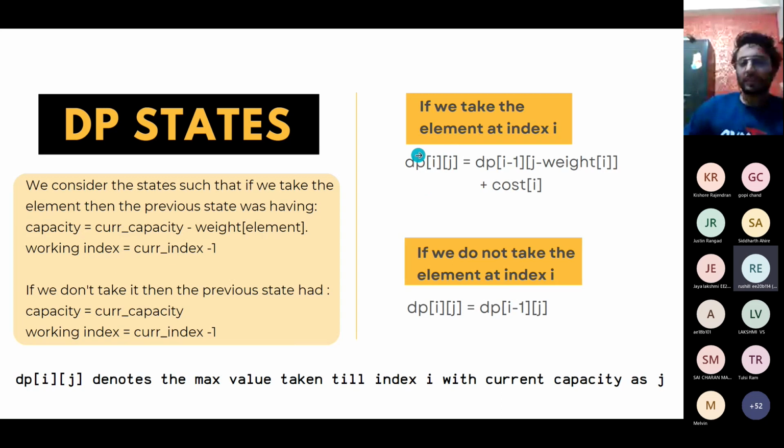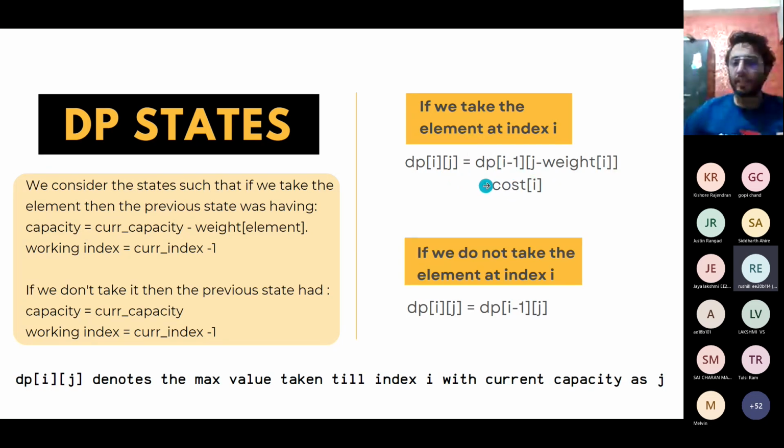Let's say I'm defining a sub problem as dp[i][j]. dp i says that I have already considered the items up till index i minus 1, and j says that the current maximum weight that the bag can carry is j kgs. If I decide to take the ith item, my sub problem gets reduced to dp[i-1][j - weight of i] plus the cost of i.